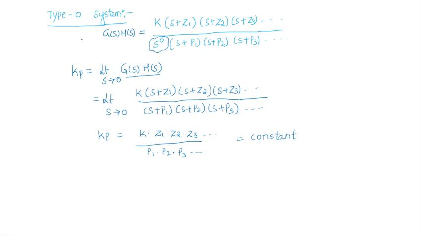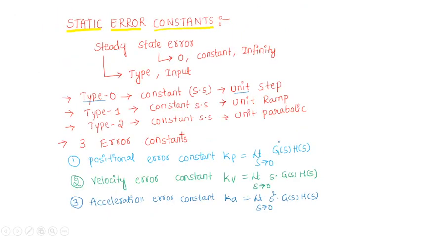So for type 0 system, we are getting the positional error constant as a constant value. In the previous class, I already said that for type 0 system, when the input is unit step, you are getting the constant steady state error.